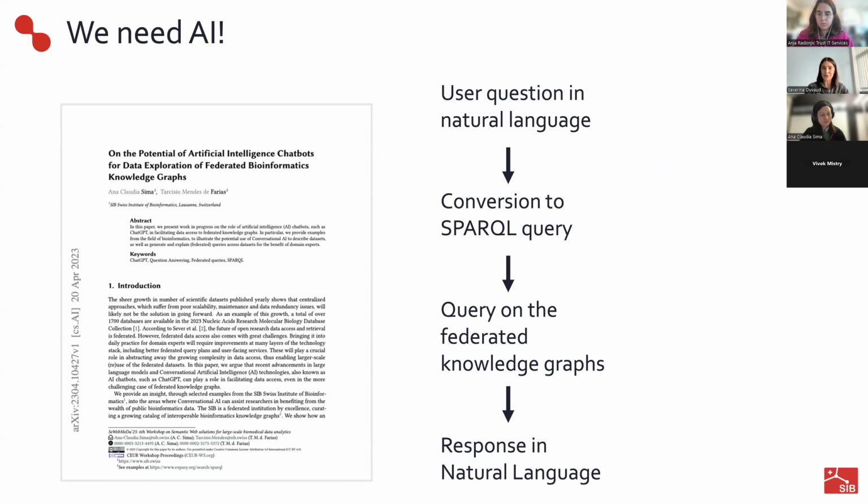After the release of ChatGPT, a few months after that, in April 2023, my colleagues, Ana Claudia and her colleague Tarcisio Mendes de Farias, explored the possibility to use LLMs to transform user questions in natural language to SPARQL queries.